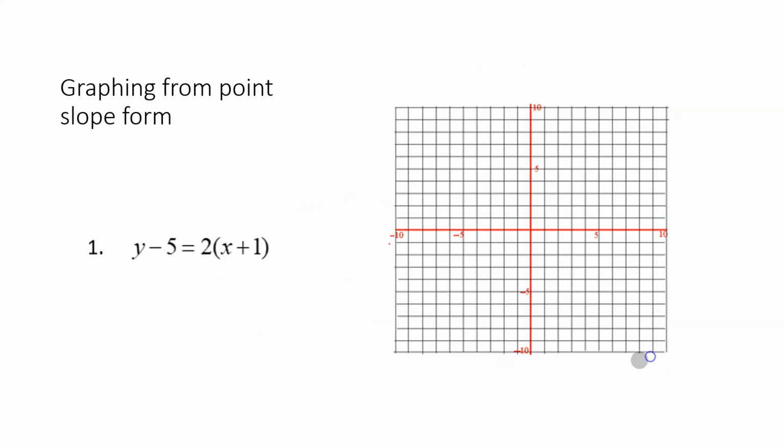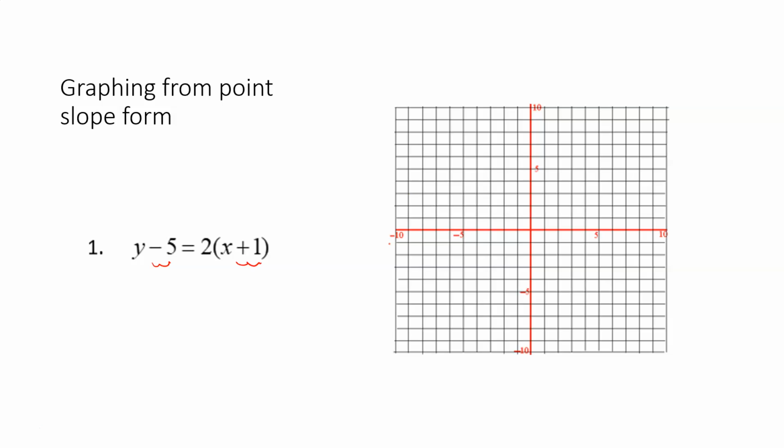All right, moving on. So graphing from point slope form. First of all, you've got to identify a point on the line. You're going to use your coordinates, but they have to have the opposite signs.